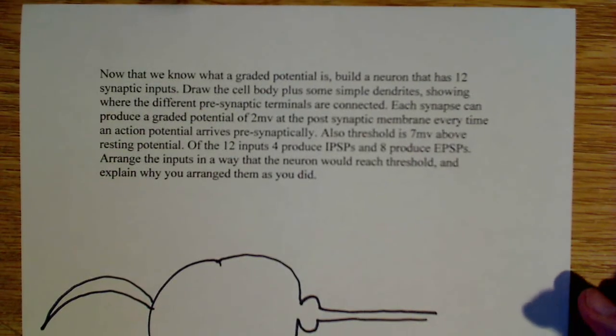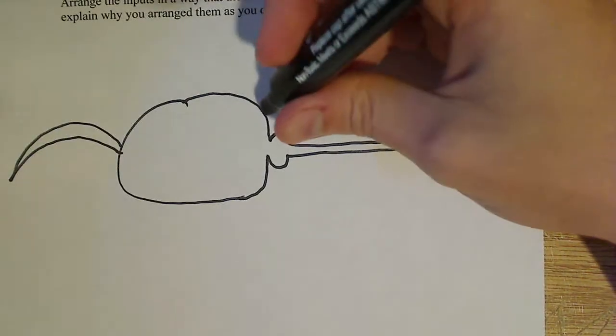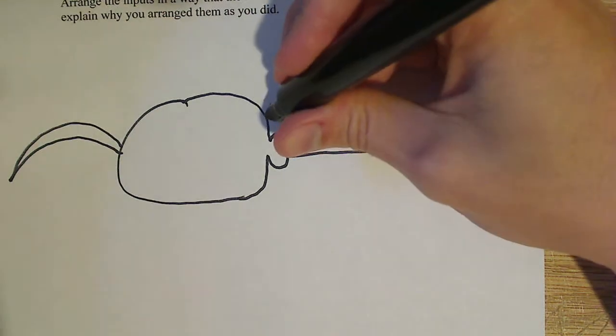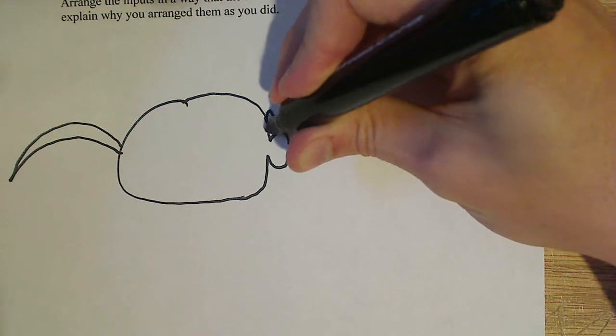So with that said, it says there's 12 synaptic inputs, okay? So I'm going to draw 12 synaptic inputs, and I'm going to arrange them in kind of a specific way, and I'll explain why in a second. But first I just want to draw them.